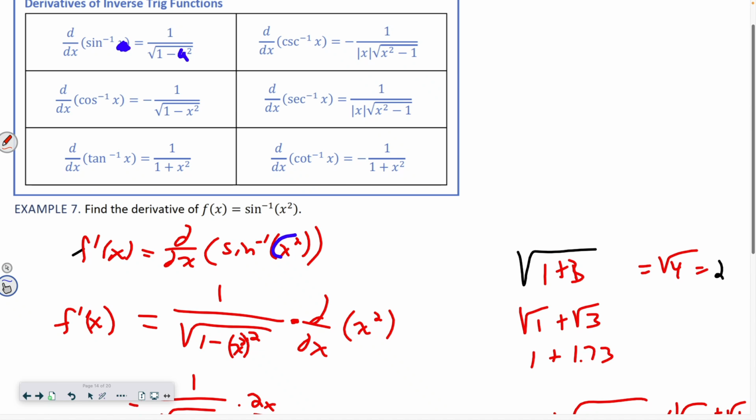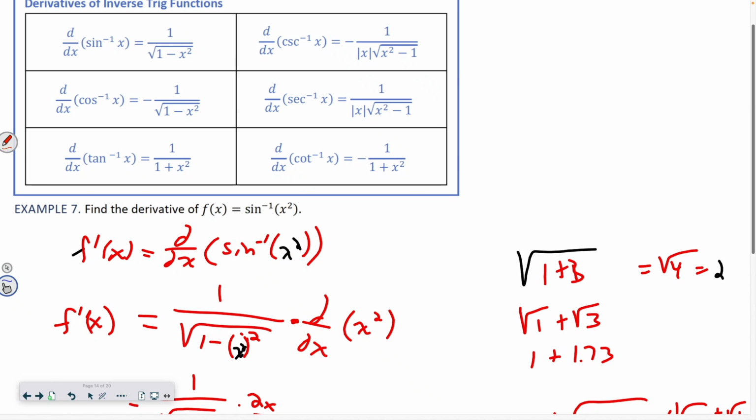So whatever the sine of it is, you do 1 minus that whatever squared inside the radical. Well, what is that whatever? That whatever happens to be x squared.